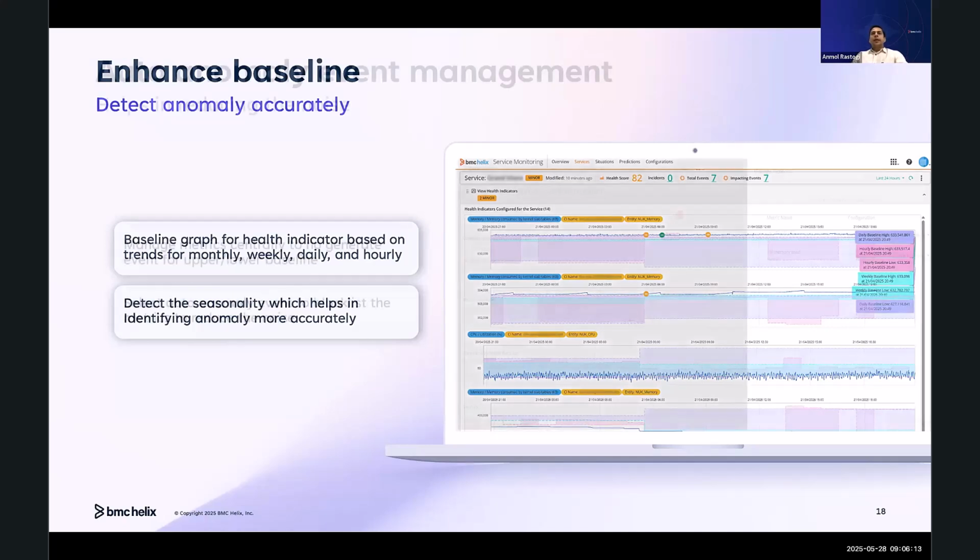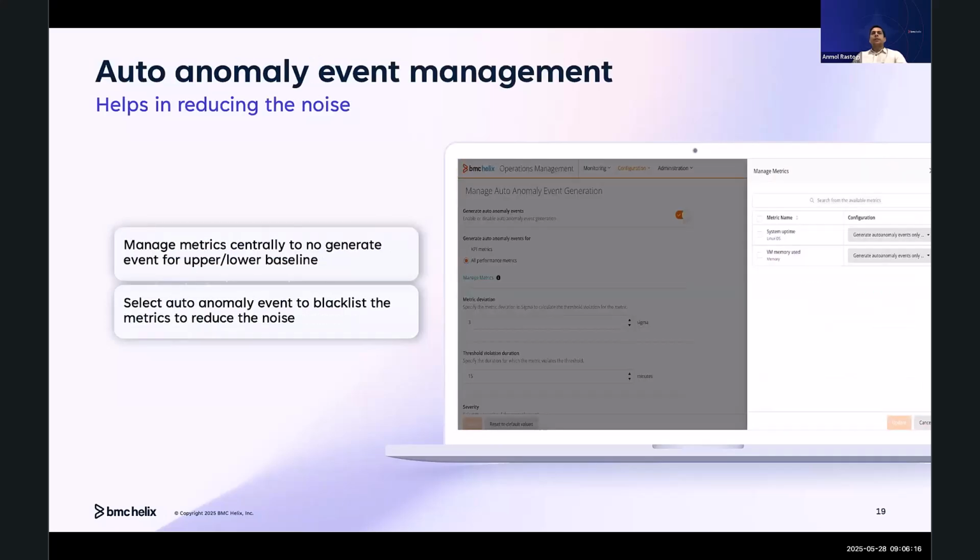Now, we still have some scenarios where we may argue, okay, let's say I am a user accessing a website, and the lower the response time, the better the performance, right? So I do not want to get an anomaly event in such scenarios if a lower baseline deviation happens. So now users can give the system feedback about that.